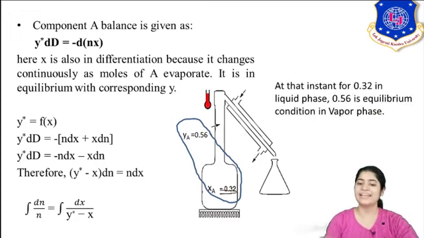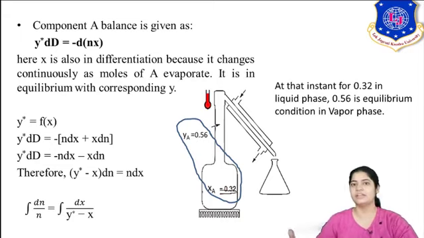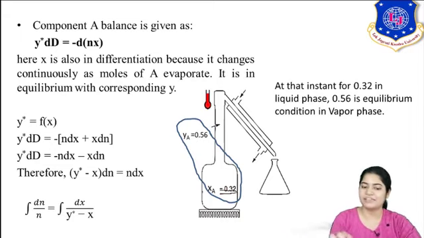Remember, in batch distillation, why is the name differential distillation? Because at different instants you get a different composition. For the instant when your XA was 0.32, you have an equilibrium condition in the vapor phase of 0.56.